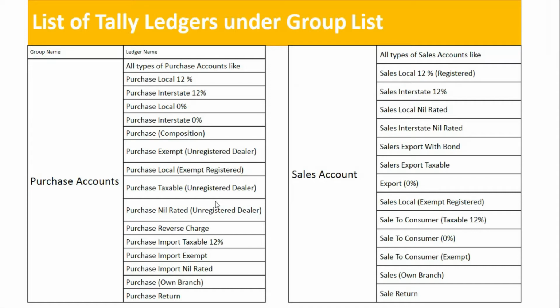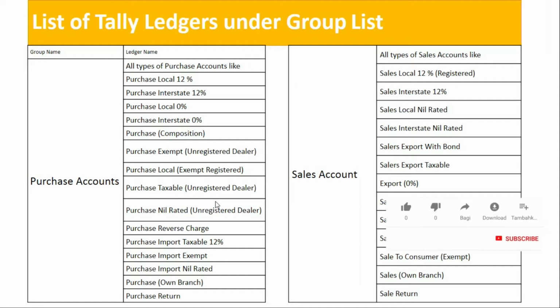Then under sales account, we have sales return, sale to consumer, sale to consumer taxable. Then we have sales interstate, sales local. All the types of sales accounts will come under the group name sales account.